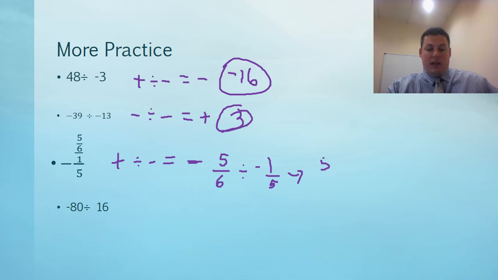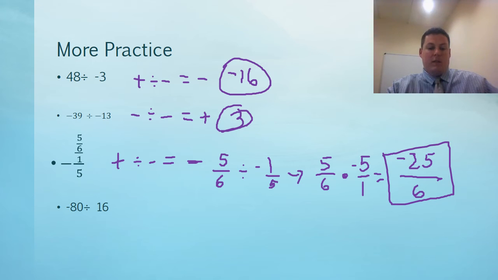I keep the first fraction, I change the sign, I flip the second fraction, and I get -25/6, and I will just leave that like that. For the last one, I have a negative divided by a positive. Again, signs are different here, so I'm going to have a negative answer. 80 divided by 16, if you do that in your calculator, or if you can do it in your head, we get negative 5.